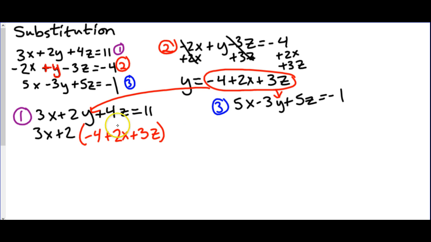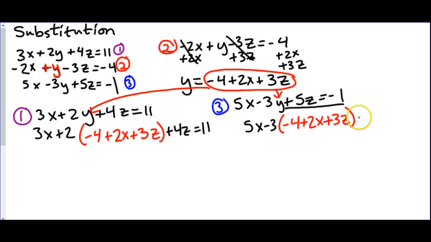And then we still have the rest of the equation, plus 4z equals 11. Same thing with our equation 3. We replace the letter y with all of that information. Negative 4 plus 2x plus 3z. And then we still have everything else after the letter y to write down. Plus 5z equals negative 1.